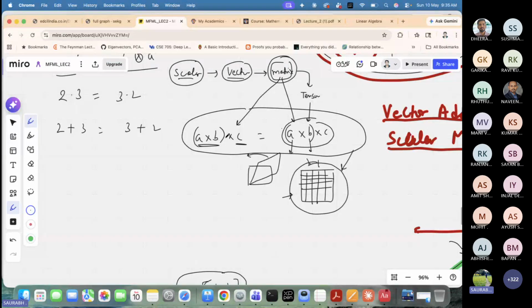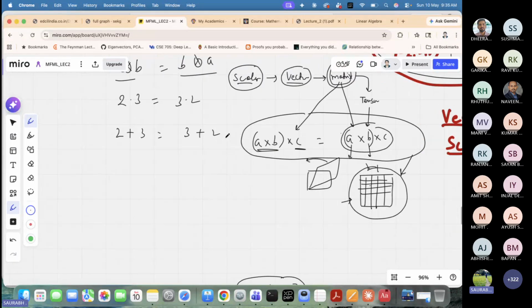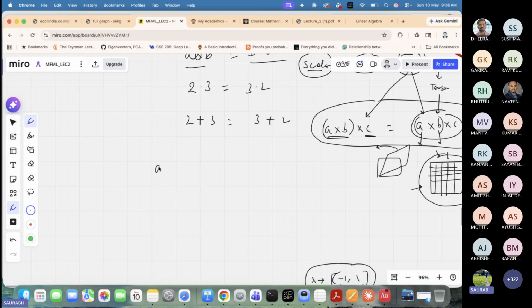If you think about when we were looking into associativity, we said that when we combine A cross B cross C, it's exactly the same as A cross B cross C grouped differently. So we were already saying that in terms of associativity.